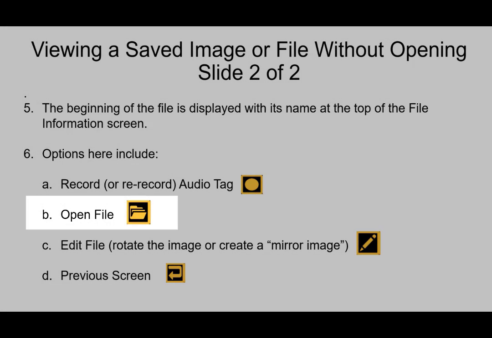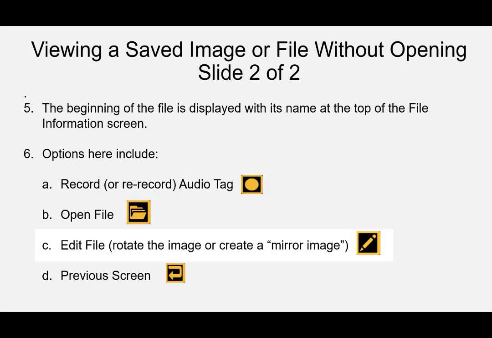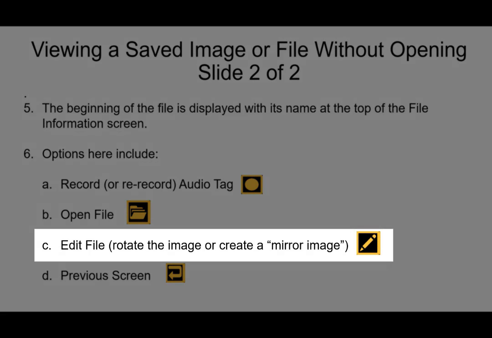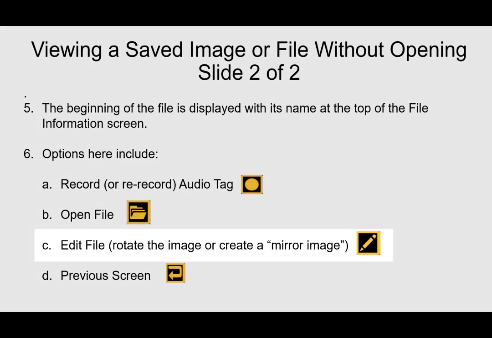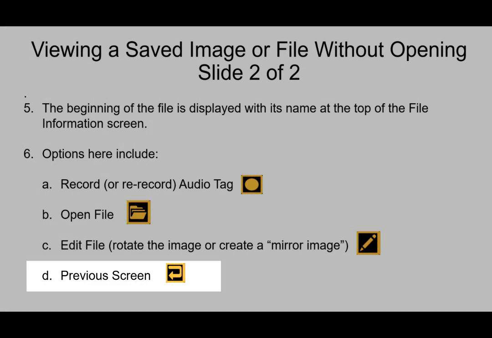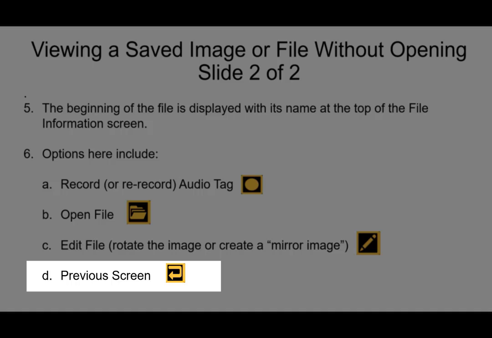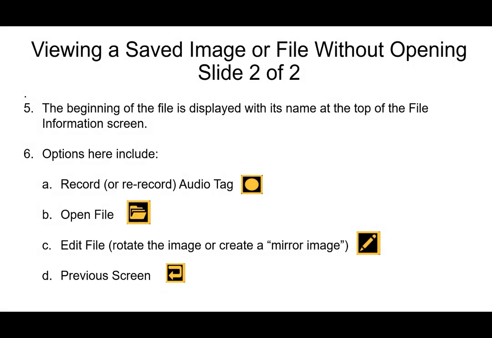You can open the file. You can edit the file, and by edit I mean like rotate the image or create a mirror image if for some reason the text is mirrored and you need to remirror it back in order to do OCR. And in the lower left-hand corner, of course, is your previous screen to exit if you don't want to open the file or do any of those things.